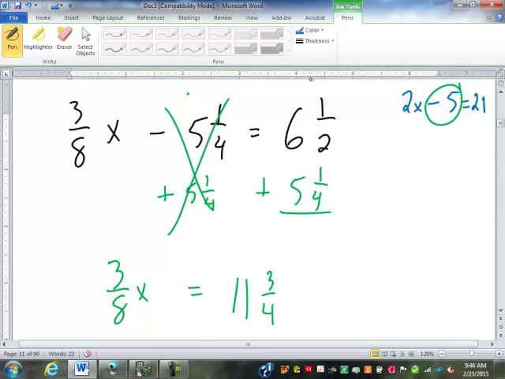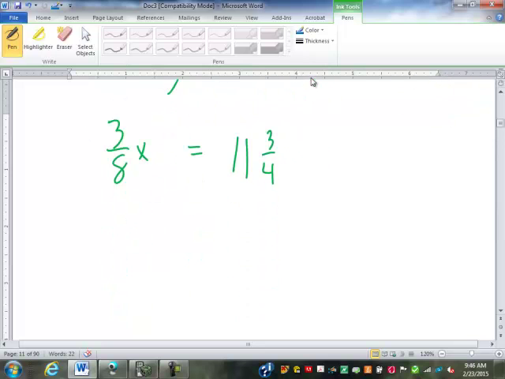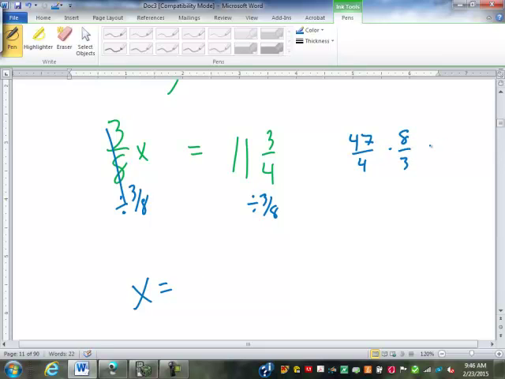Everybody get that to work? So now what's our next step? I don't suppose you could include variables in the calculator? No, it doesn't. Now, of course, we're going to divide by 3/8. So x equals 31 1/3.